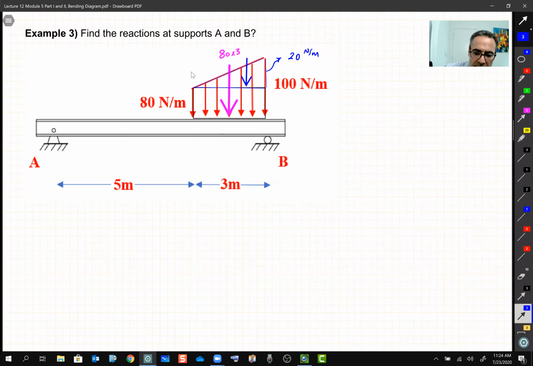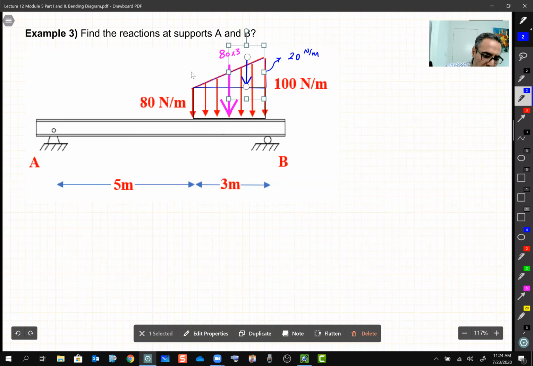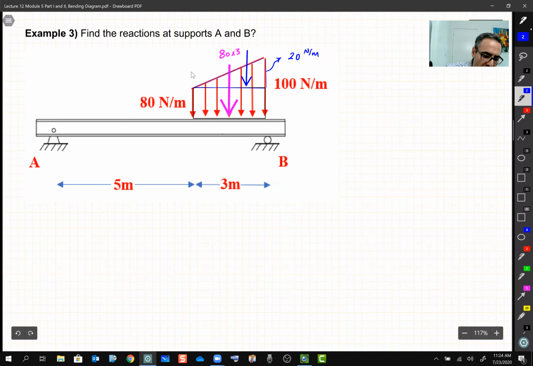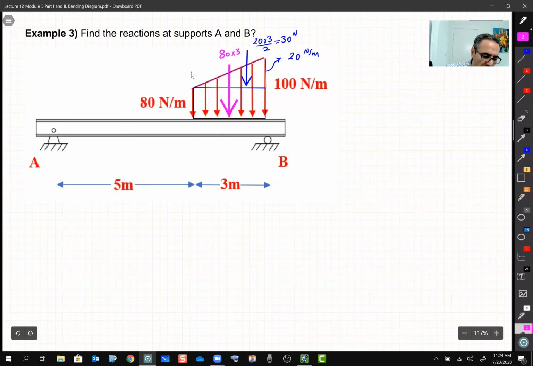So, first, let's put the equivalent of this guy, which is going to be 20 multiplied by 3 divided by 2, which gives me 30 Newton, all right? And this one gives us how much? This guy gives us 240 Newton. Okay.